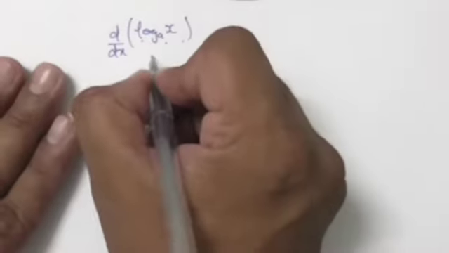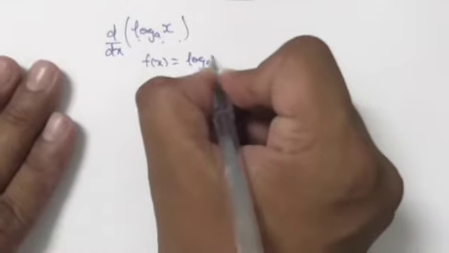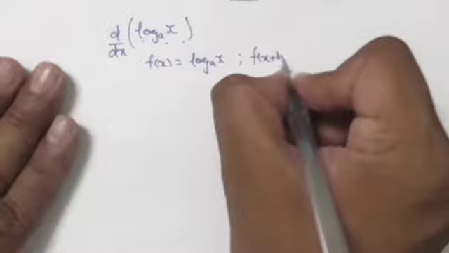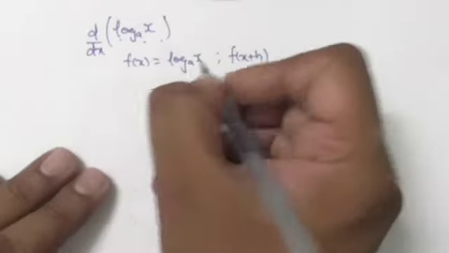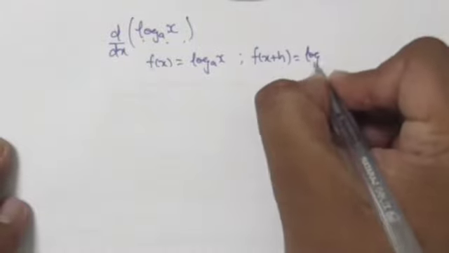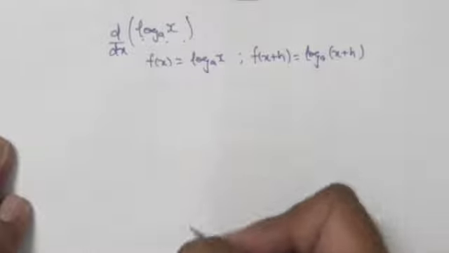So again, let f(x) is equal to log base a x. Now see, f(x) is equal to log base a x, then f(x + h) will be log base a (x + h). It is simple.